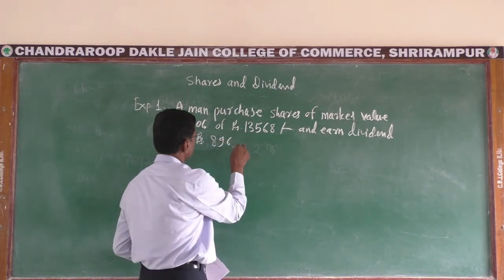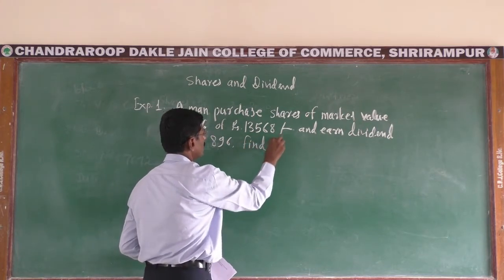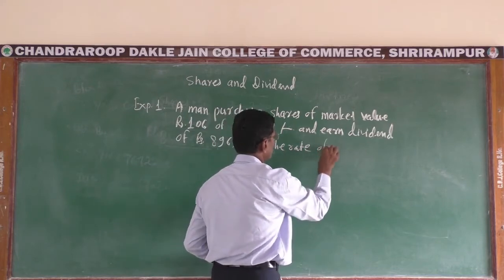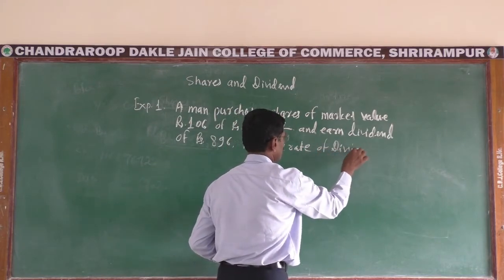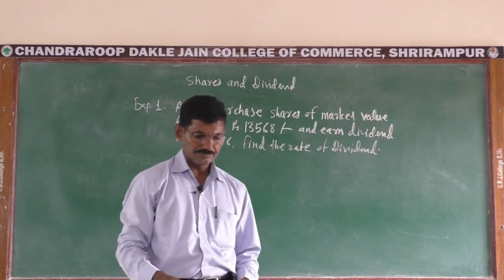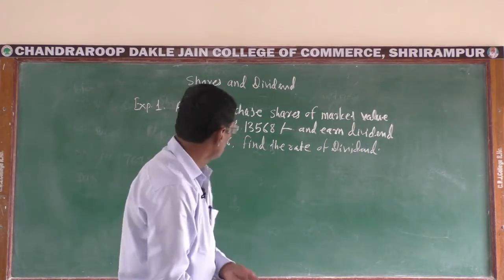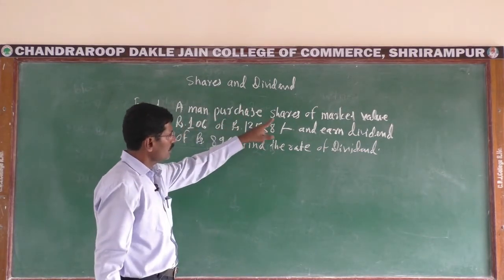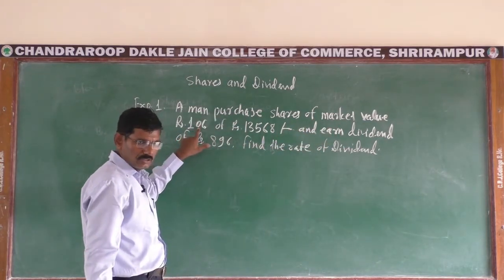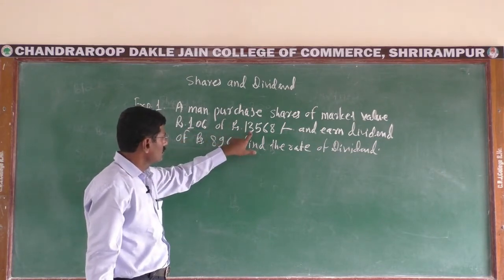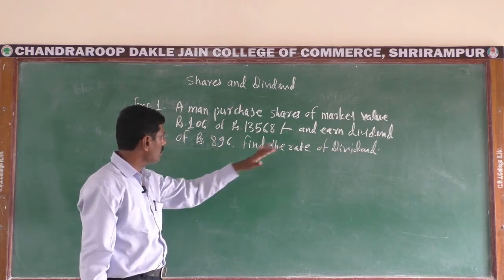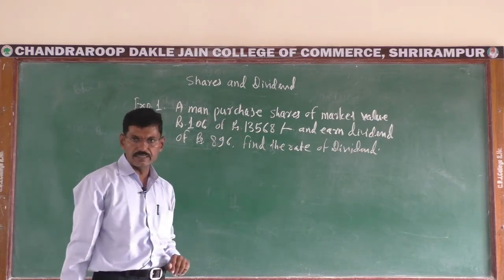Find the rate of dividend. See here, a man purchased shares of market value of rupees 106 for rupees 13,568 and earned a dividend of rupees 896.